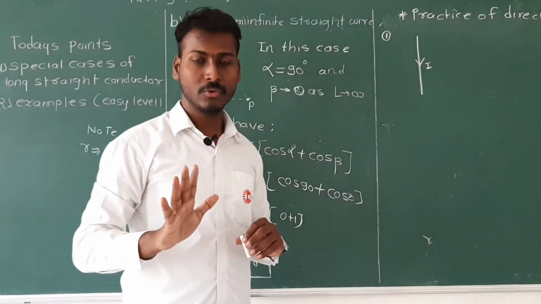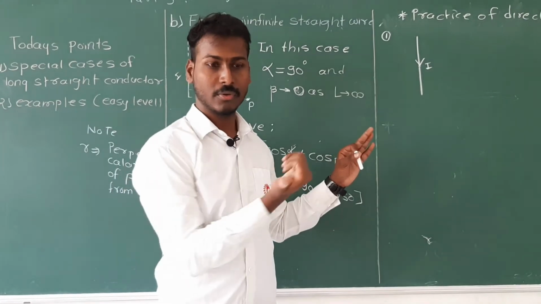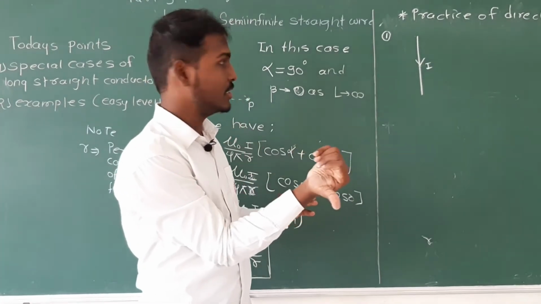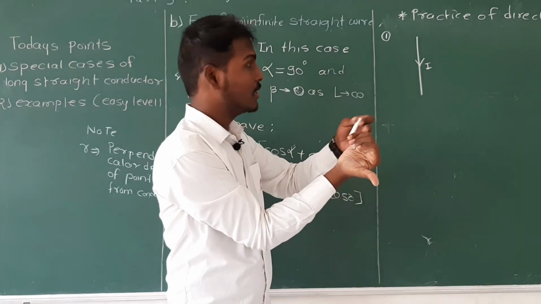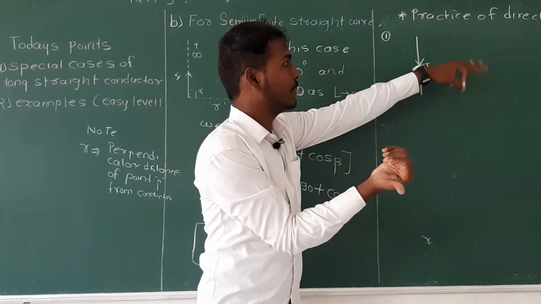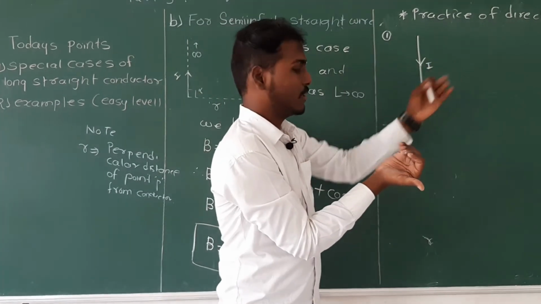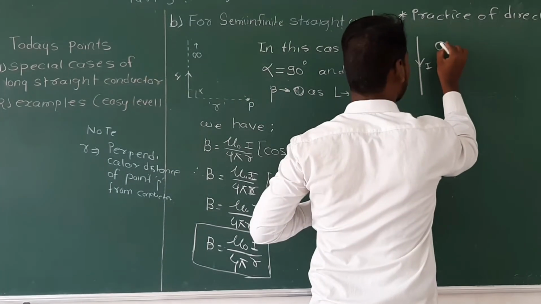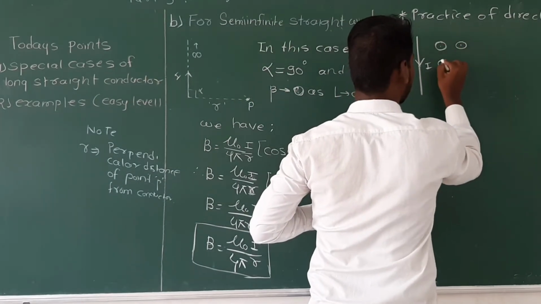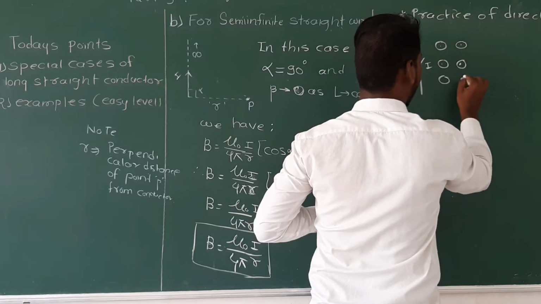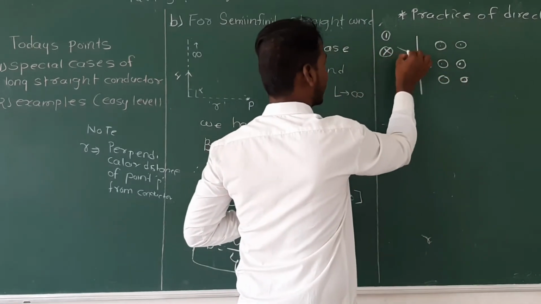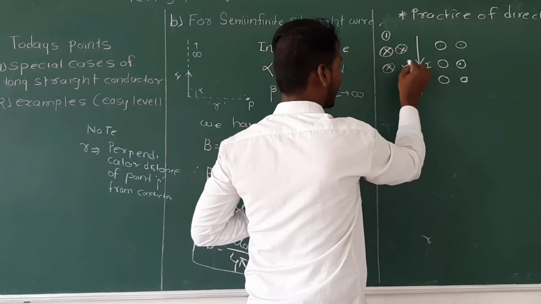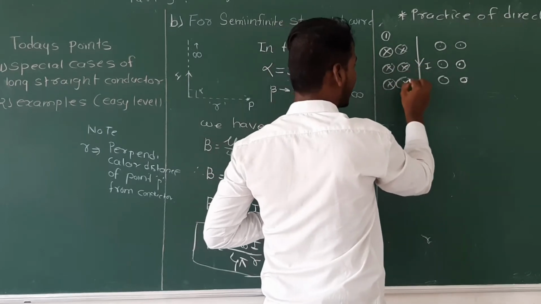So we are going to do one thing, that is thumb rule. You can see thumb will be in downward direction. Now for this plane, you can see the fingers are coming outside. That means if they are coming outside, definitely it will be like this, and definitely the other plane will be drawn by this cross symbol.